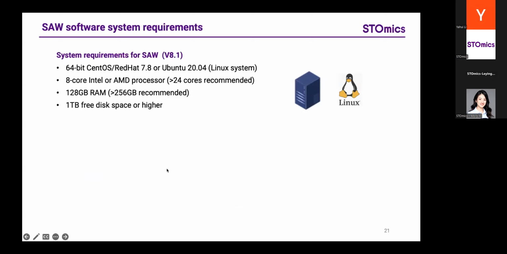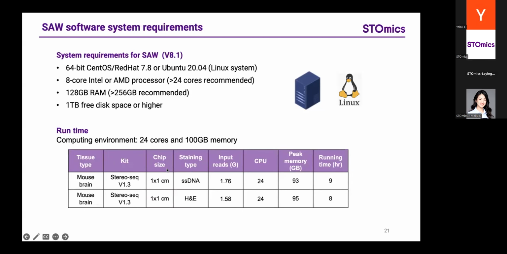You may be wondering how long it takes to run SAW. As a reference, here are examples from two mouse brain samples, one stained with ssDNA and the other with HE. For those runs, we processed 1.8 billion reads and 1.6 billion reads using 24 cores. Each run took about 8 to 9 hours.